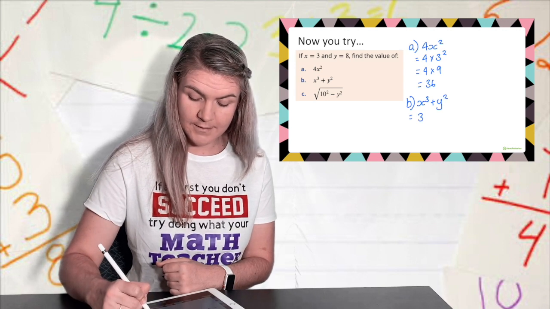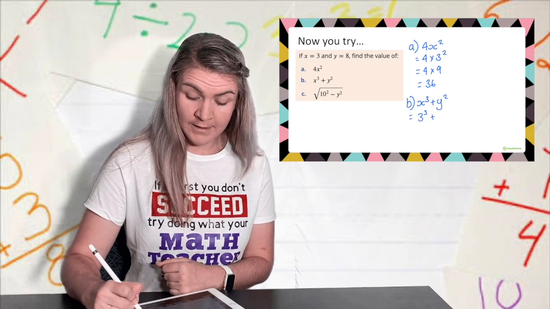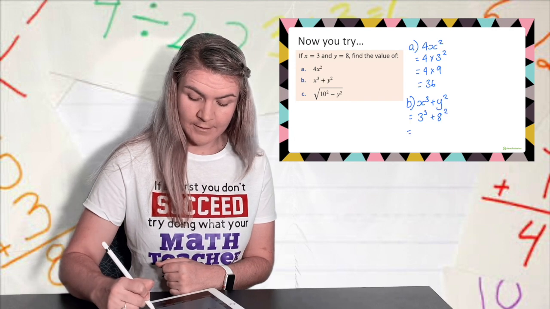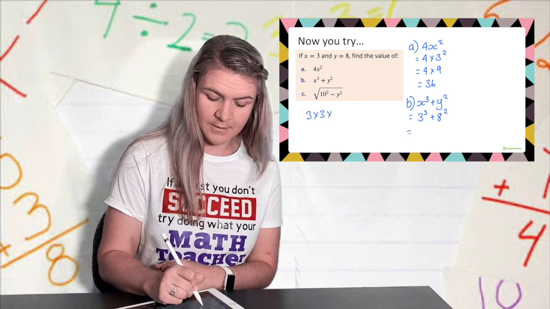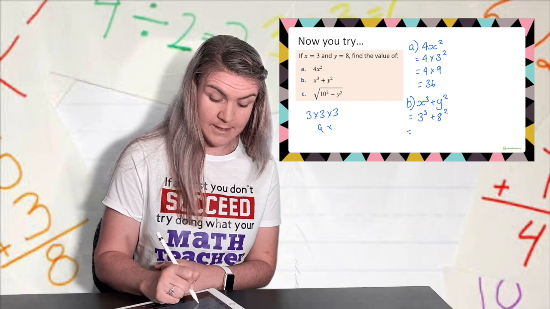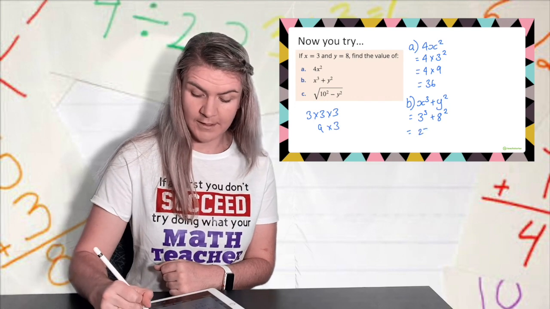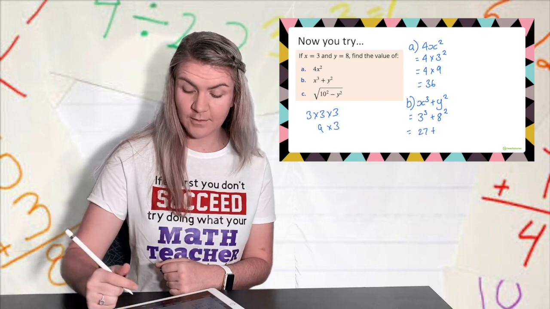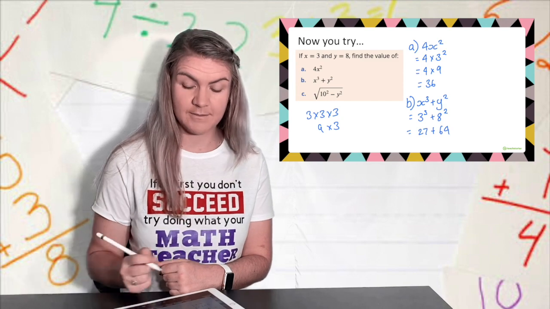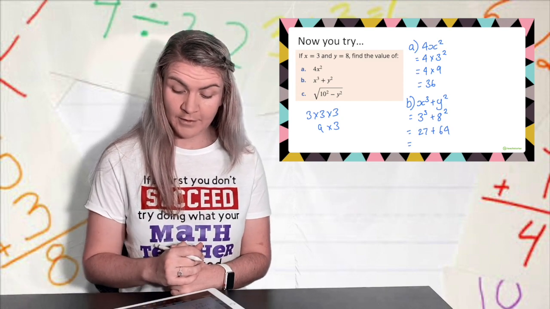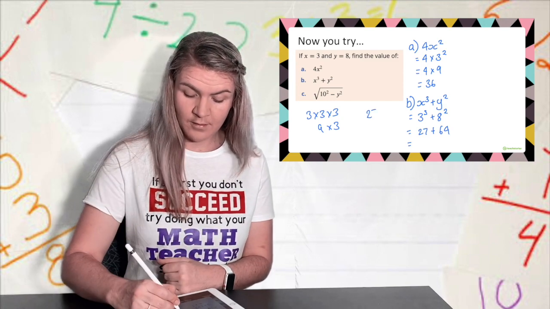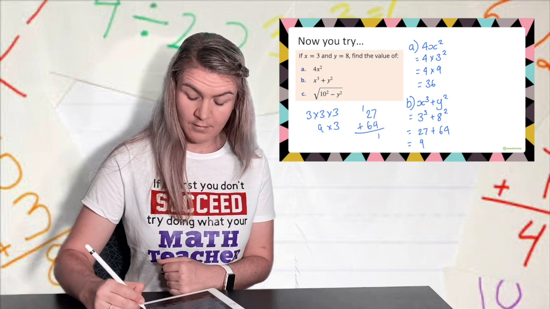So x is 3, so it's 3 cubed plus 8 squared. Now 3 cubed is 3 times 3 times 3. 3 times 3 is 9, and 9 times 3 is 27. Plus 8 squared is 64, because 8 times 8 is 64. And now we're going to do some math. 91.